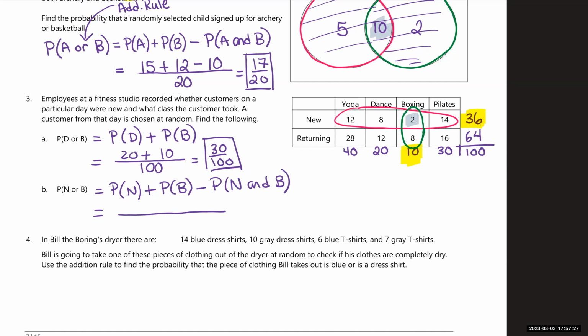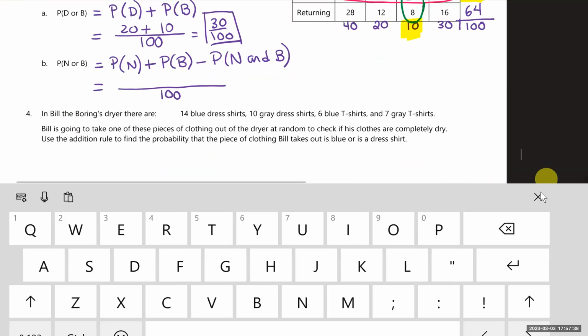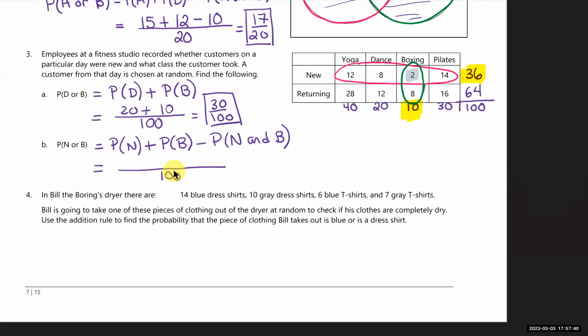So generally, what I do in my head, I think denominator first, 100. And then I'm going to say, let me take everybody that was new, 36, plus everybody that went to boxing, 10. So I call it total there, total there.